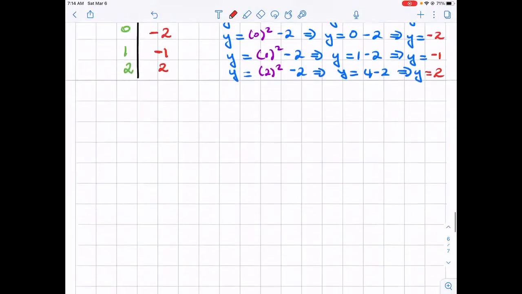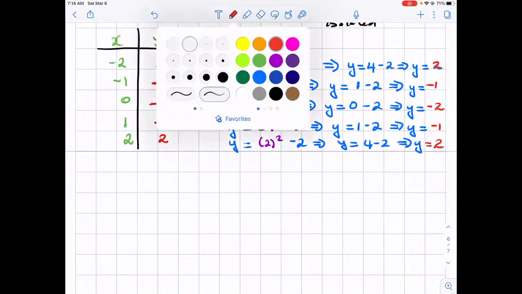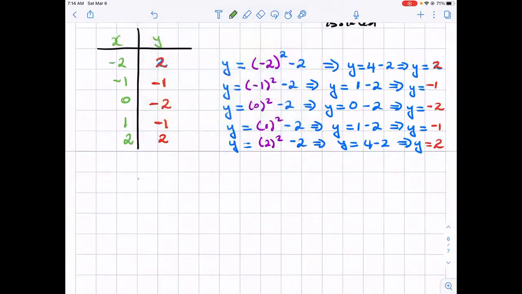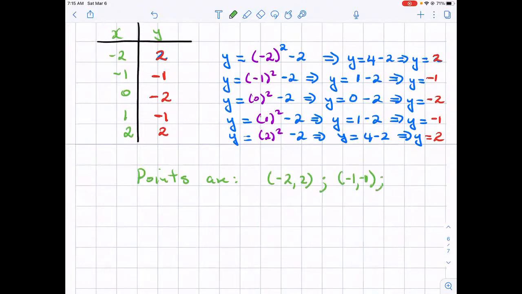So now if we plot our points, the ordered pairs we're plotting are minus 2, 2; minus 1, minus 1; 0, minus 2; 1, minus 1; and 2, 2.